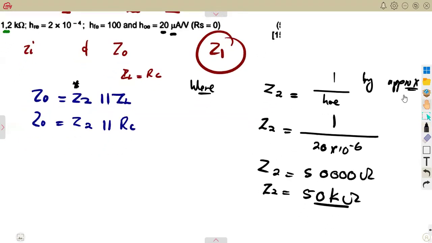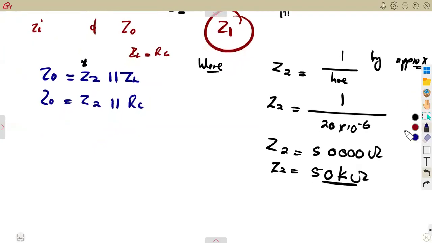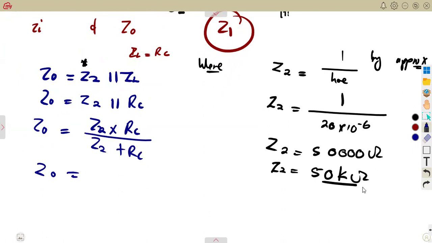With the Z2, we now consider the Z out. It is a parallel combination of Z2 and RC. So therefore, we consider the parallel product over sum: Z2 times RC over the sum Z2 plus RC. So let's substitute. Z2, we take from the approximation, which is 50 kilo ohms, 50,000 times RC.